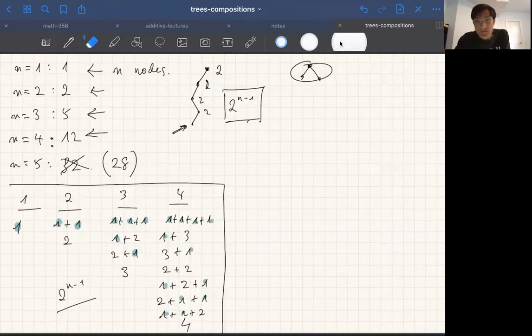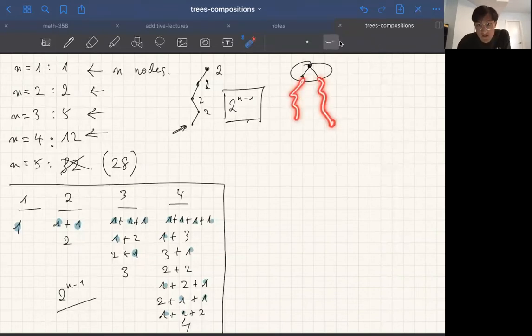Also n minus 3 nodes, depending on how you think about it. And they need to go into this tree. Some of them are going to go on the left, and some of them are going to go on the right. And is it different depending on how many are on the left? I guess, because if all of them go on the left, say n minus 3 of them all on the left, there are 2 to the n minus 3 ways of that happening.